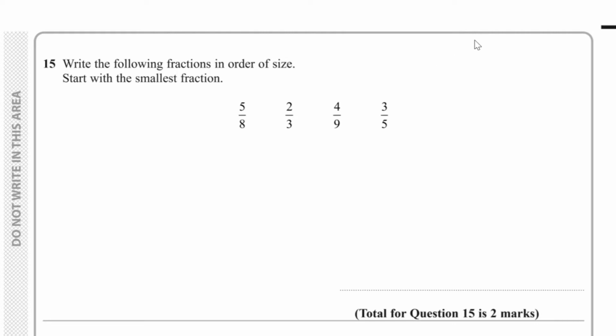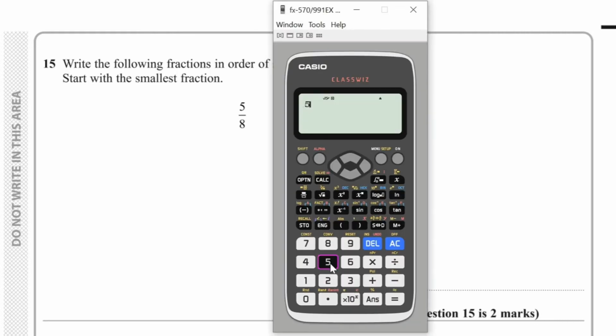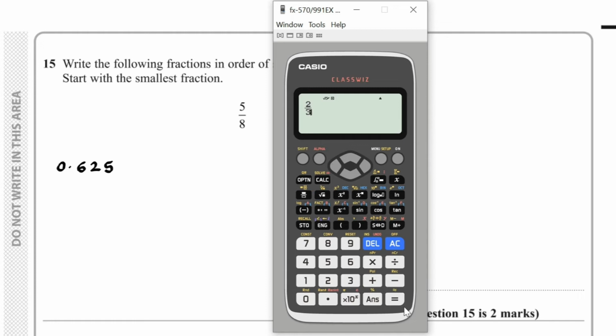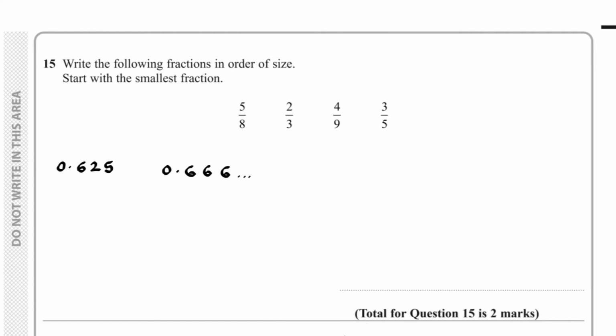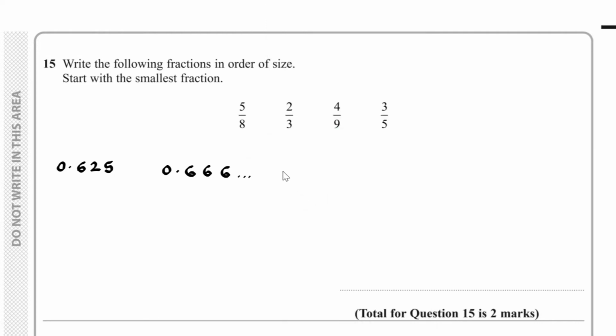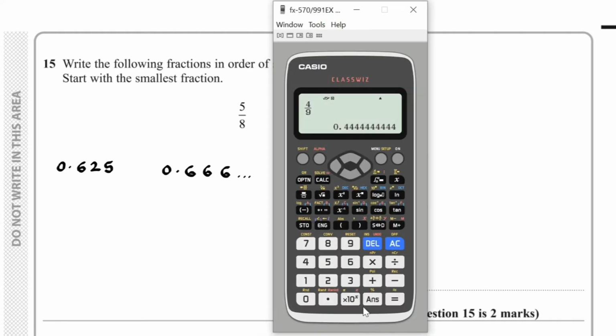Well, what we can do is convert each of these to decimals. 5/8 as a decimal is 0.625. 2/3 as a decimal is 0.666, etc., 0.6 recurring. 4/9 as a decimal is 0.444, 0.4 recurring. And 3/5 as a decimal is 0.6.